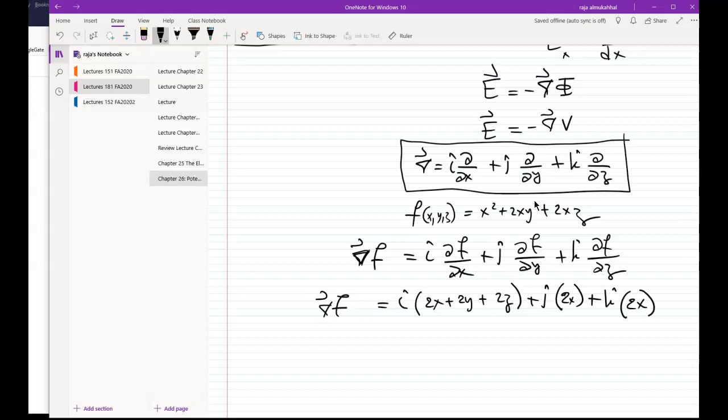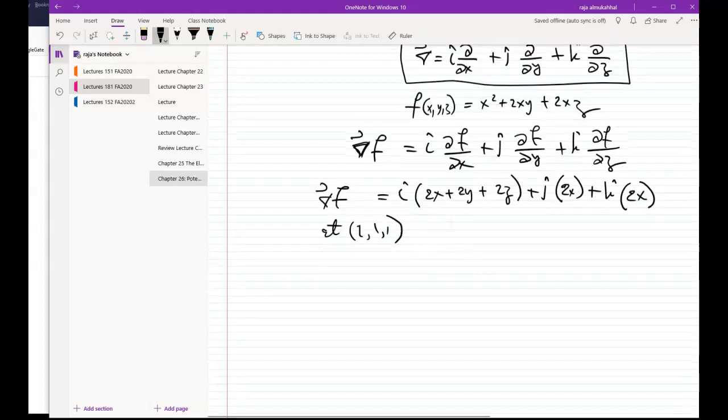Now I can say, what is the gradient of f at, let's say, the point 1, 1, 1? Just plug it in.